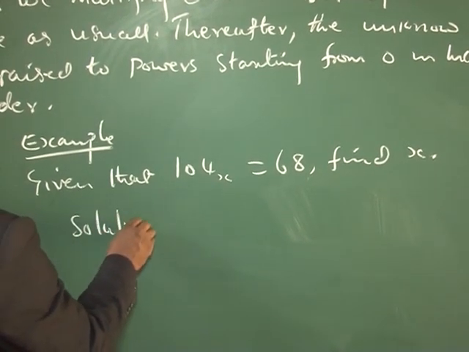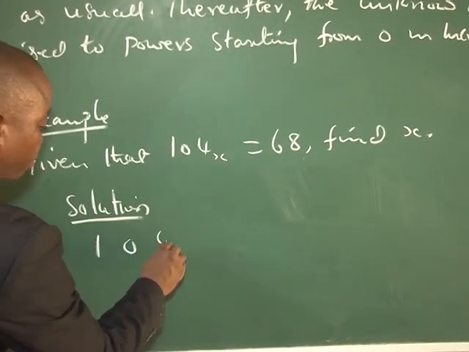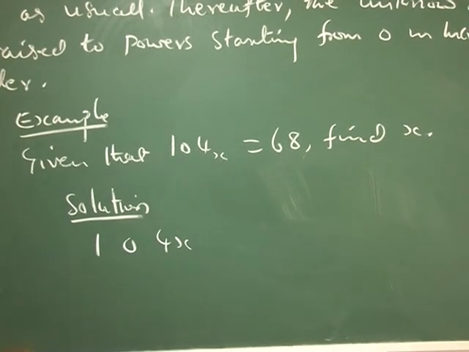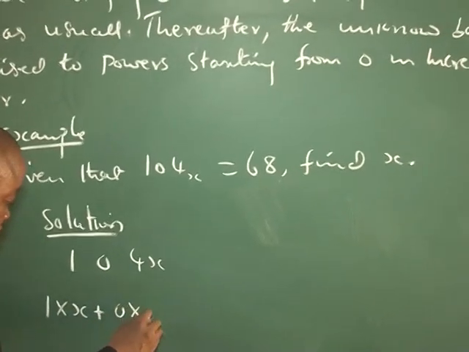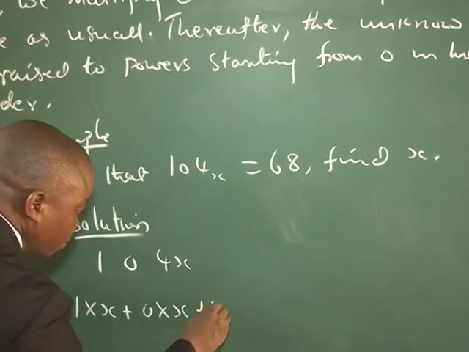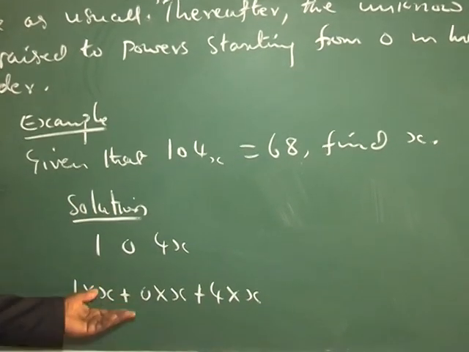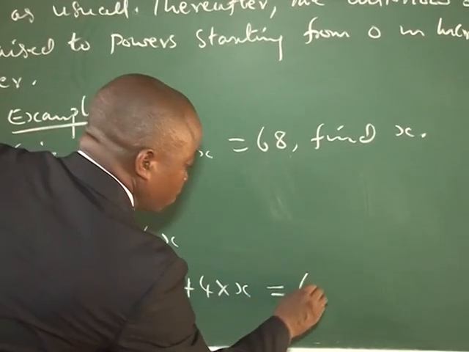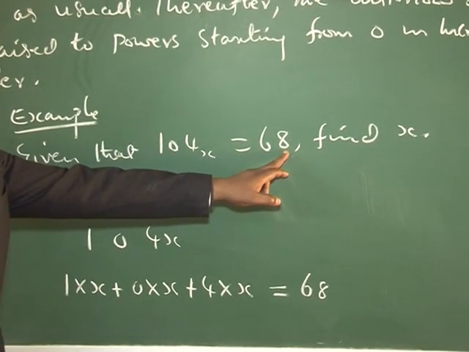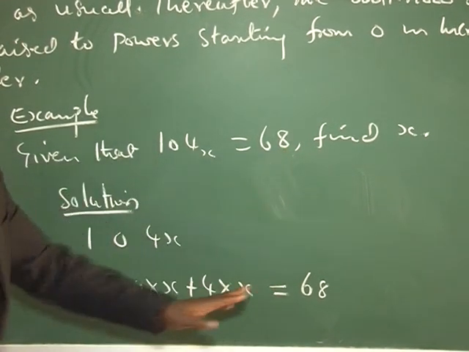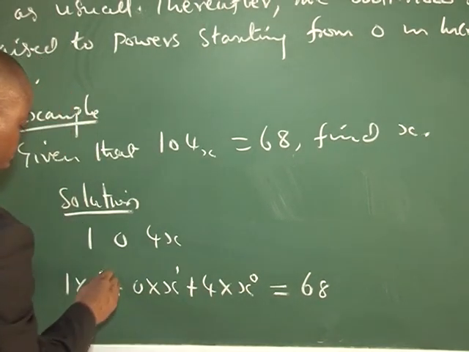This could be easily done in this way. 104 to base x, and what we'll do is 1 times x plus 0 times x plus 4 times x. That is how we normally do it. We equate to 68 in base 10. If the base is not written, then we should know that it is base 10. And then we raise these to powers 0, 1, 2.